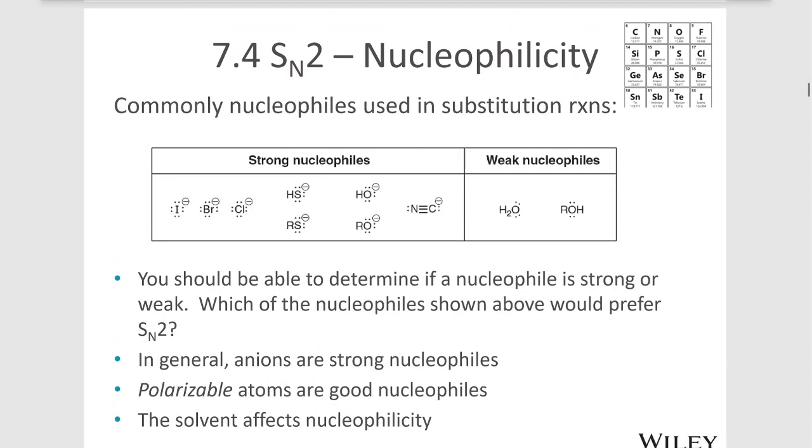The strong nucleophiles are things like chlorine, bromine, iodine, and the sulfides, hydroxides, and cyanides. Something that can also act as a good nucleophile for SN2 is some neutral sulfides or amines, but we don't have those on this chart.